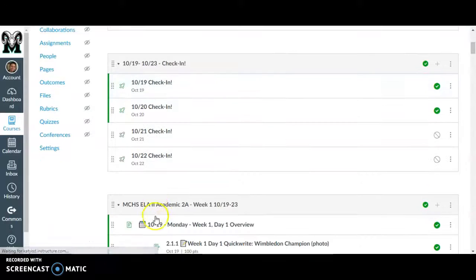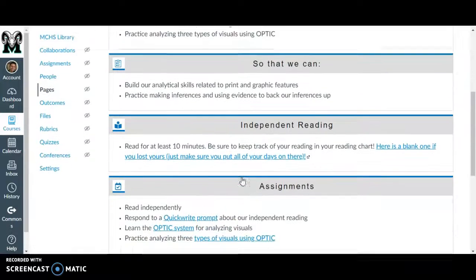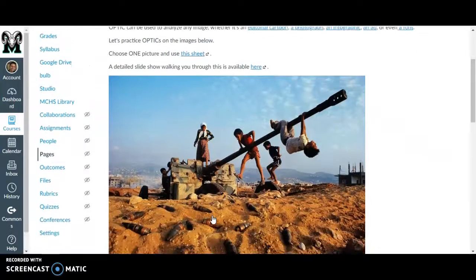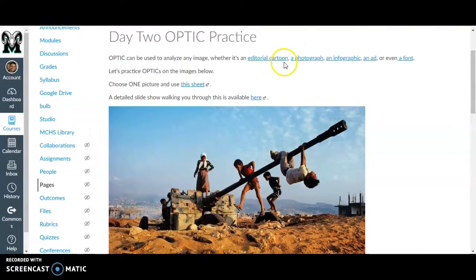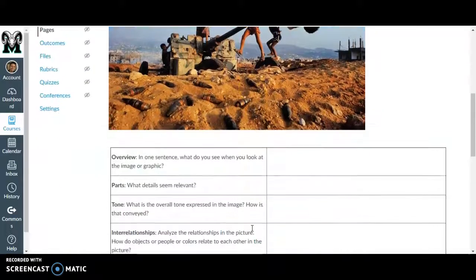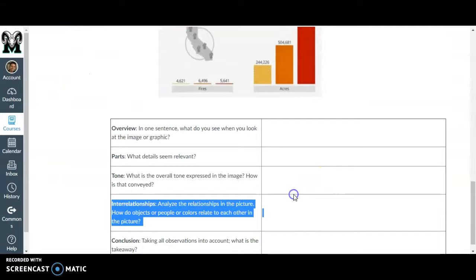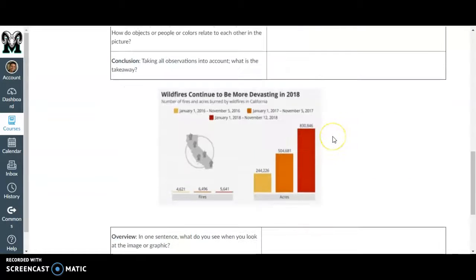So again, Tuesday, you are going to pick one of these pictures, and you're going to fill out the chart.